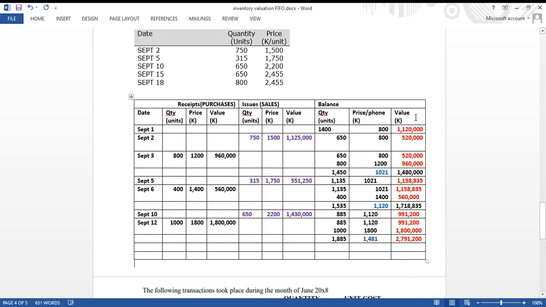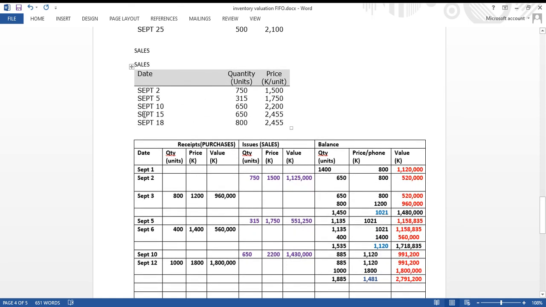Okay. The next transaction, what was it? On September 12th. Next transaction should be September 15th.